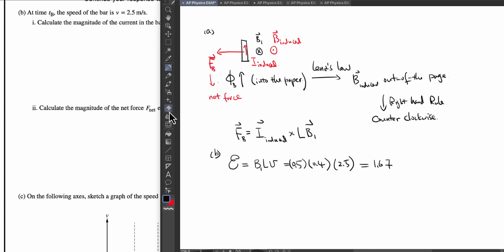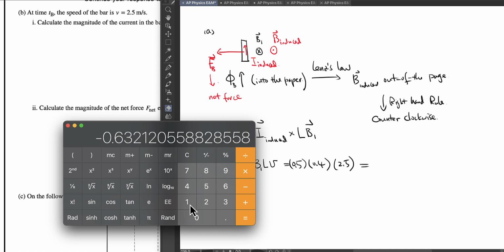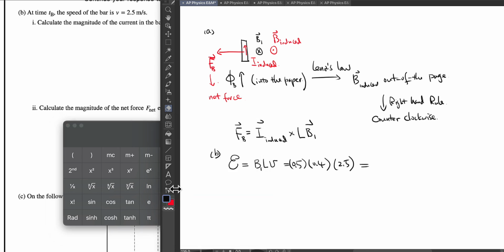Okay, so I don't actually have this number here, so let me calculate that real quick. So it's 0.5 times 0.4 times 2.5 equals 0.5 volt.